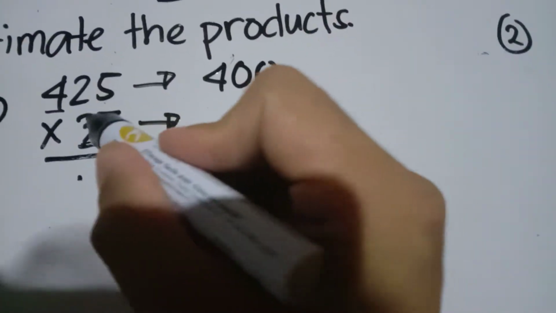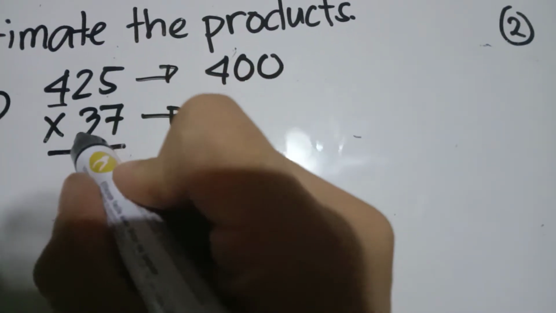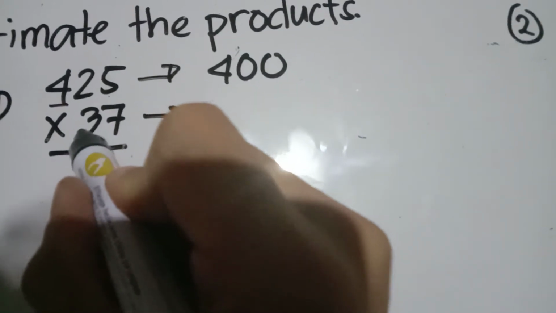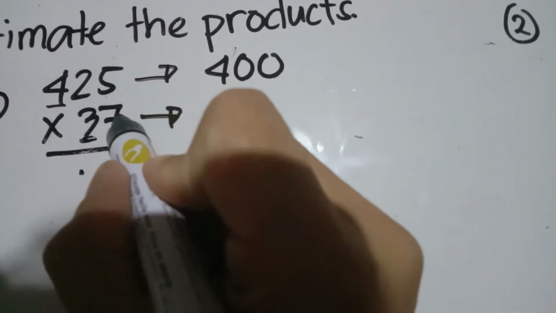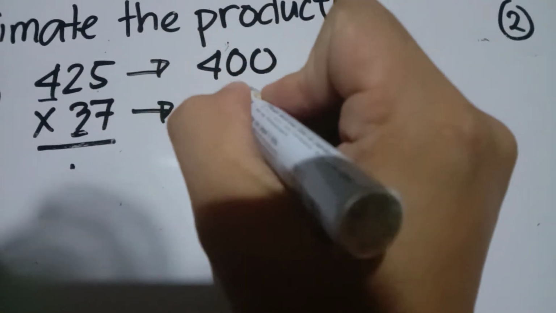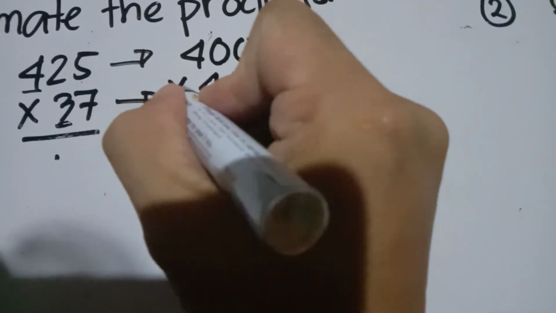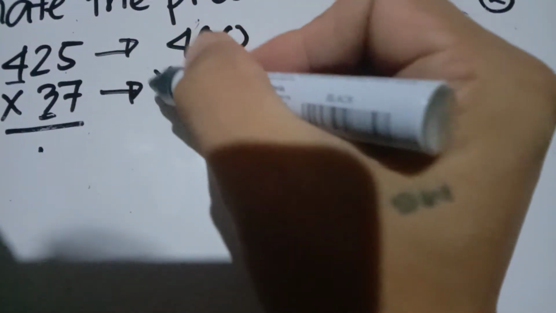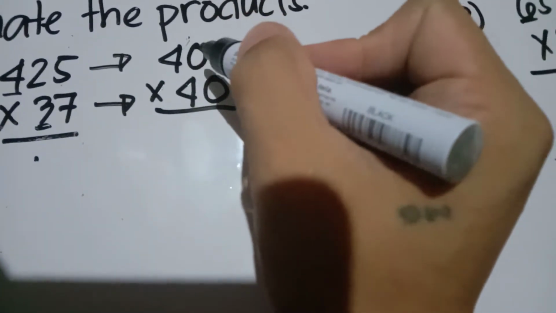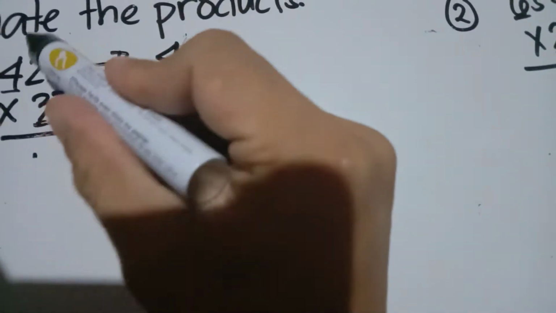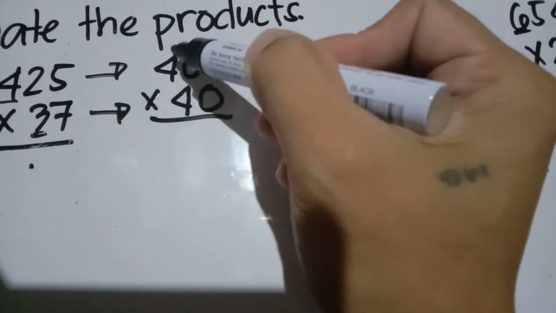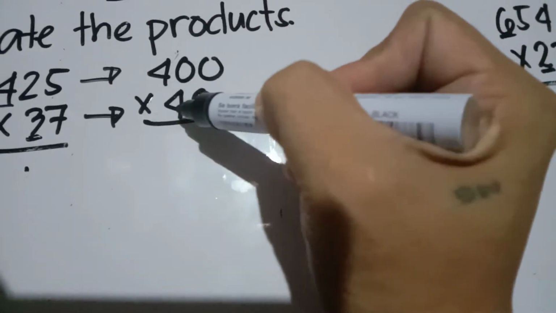How about 37? We are going to round off the digit 3. The next digit at the right is 7, so we are going to add 1. So 3 plus 1 is equal to 4. Then 7 becomes 0. So these are now our new factors. Next step, after rounding the numbers to the highest place value, we are now going to multiply the new factors.